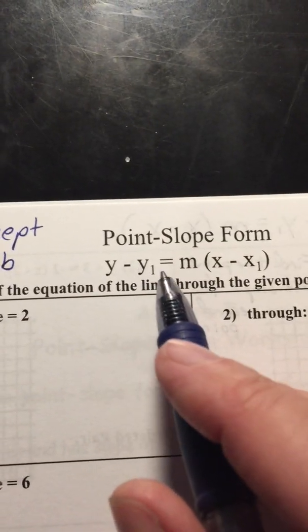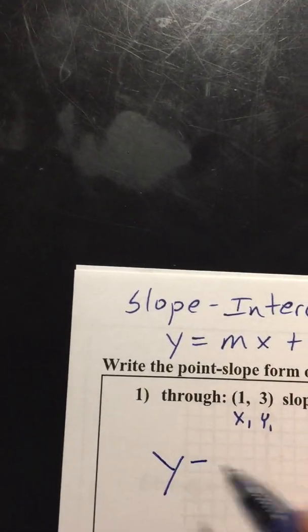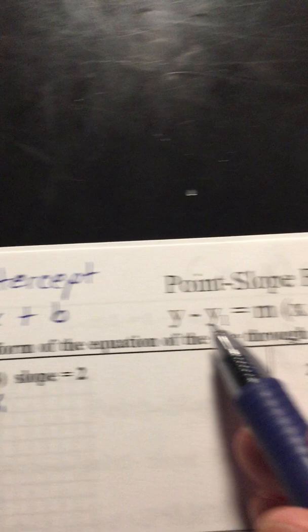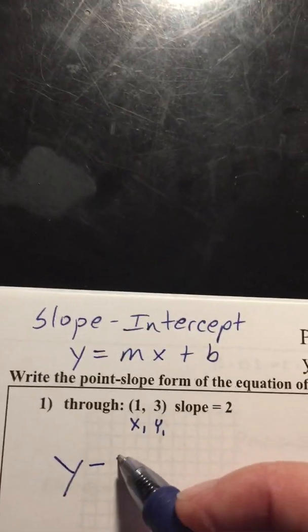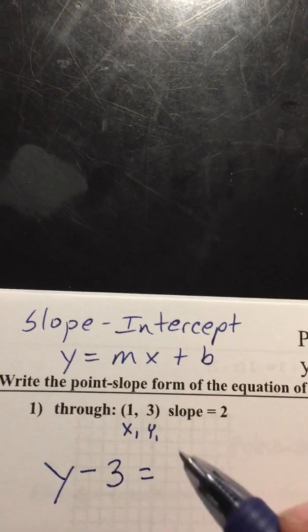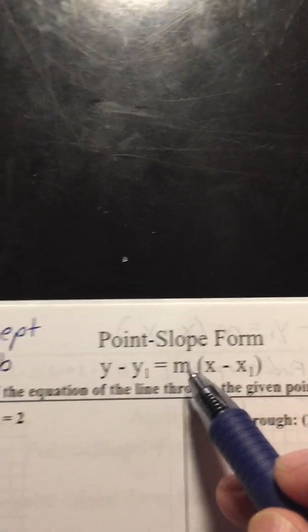Y minus, and then the y number. So we're going to write y minus, now y1 is where my number goes, and my y number is the 3. So this goes right here, y minus 3 equals. Here's my y minus the y number equals, and then the slope number comes next.